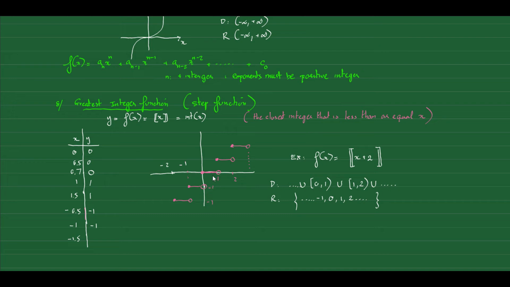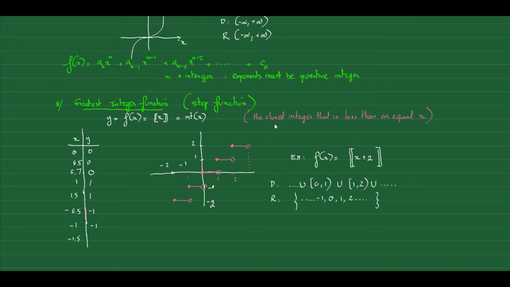So that's why we have a function like this. This is called a step function. At 0 it will be 0, 0.5 will be 0, but at 1 over here, it jumps to 1 right here. Okay, 1 right here and 2 right here. This is negative 1 and this is negative 2.